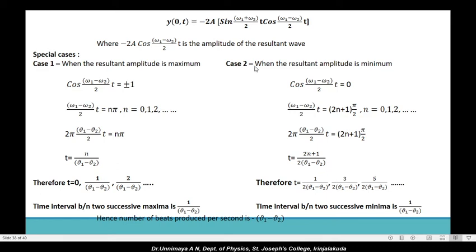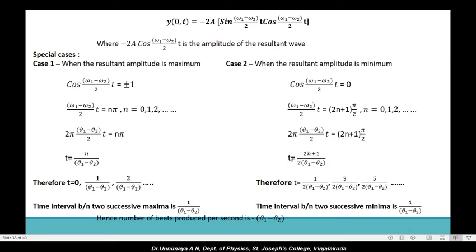Now consider the second case where the resultant amplitude is minimum. Resultant amplitude is minimum means this cos term becomes 0. That is the minimum amplitude. Cos (omega 1 minus omega 2) by 2 into t is equal to 0 means (omega 1 minus omega 2) by 2 into t is equal to (2n plus 1) pi by 2, where n is equal to 0, 1, 2, etc. In terms of nu, we can represent this equation as 2 pi (nu1 minus nu2) by 2 into t is equal to (2n plus 1) pi by 2.